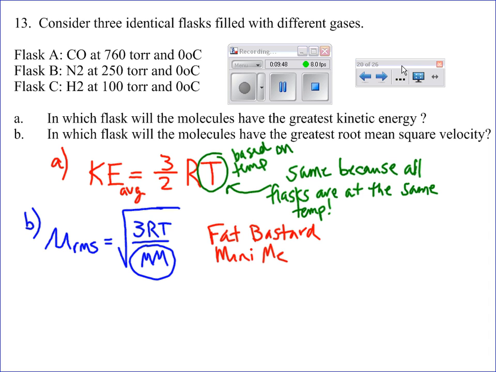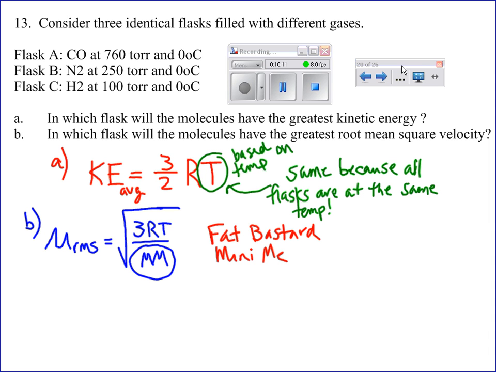Could he catch Mini-Me? No. Mini-Me is a lot faster than Fat Bastard, because he can get in between other molecules or other things easier. So your small gases are like Mini-Me, and your big gases are like Fat Bastards. So small gases diffuse faster, go at a higher rate of velocity.